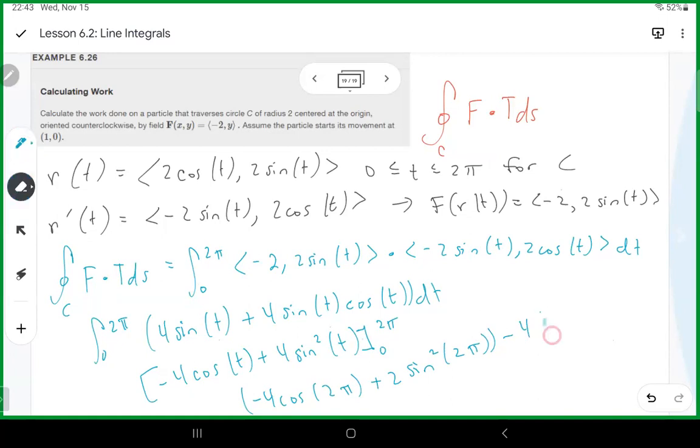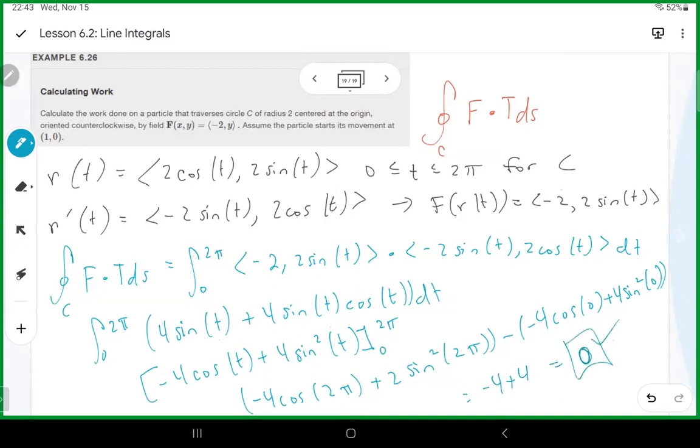Oops. So ends up being -4 plus 4, which is 0. The force field does 0 work on the particle.